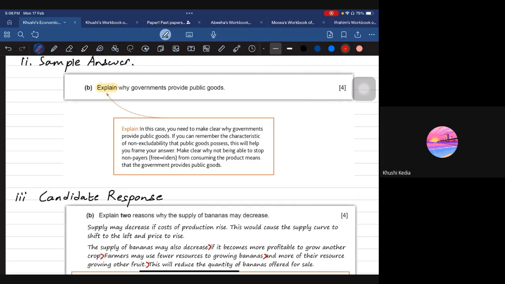So what extra could he have done here on supply may decrease if cost of production rise? What could he talk about? Why the cost of production is rising? Maybe the factors of production have become more expensive. Why?